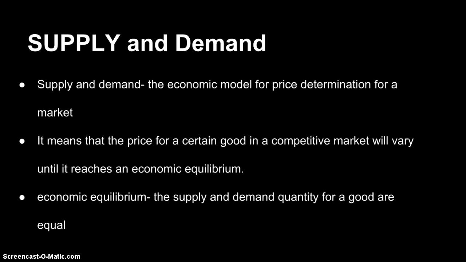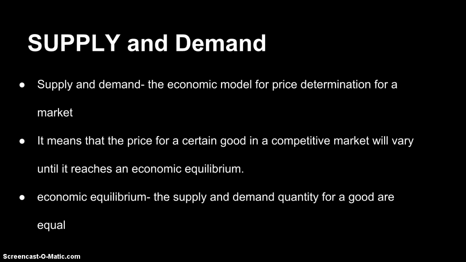Supply and demand. Supply and demand is the economic model for price determination for a market, and basically what that means is that it determines if prices go up or if prices go down, and how that works. Supply and demand goes up and down until it reaches an economic equilibrium.